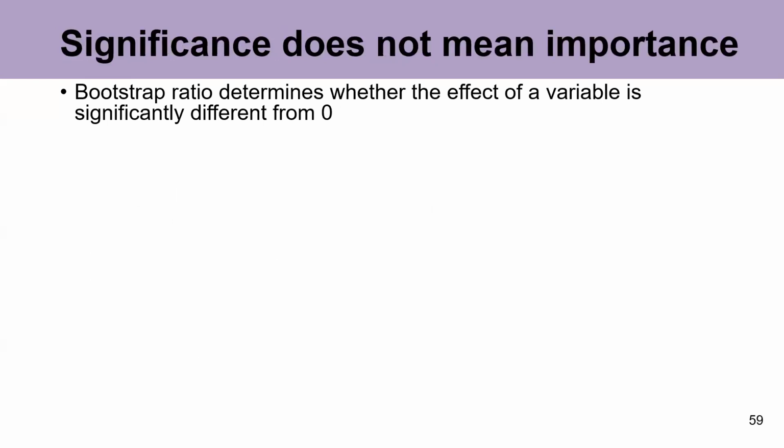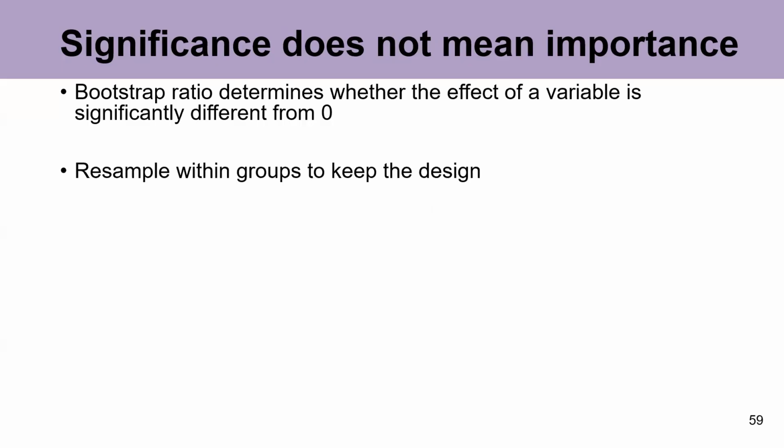Okay. So a very important thing: significant does not mean important. It just tells you how different it is from 0. And when we do bootstrap, if you have a design with groups, for example patients and healthy controls, sometimes you want to keep the structure of your data.